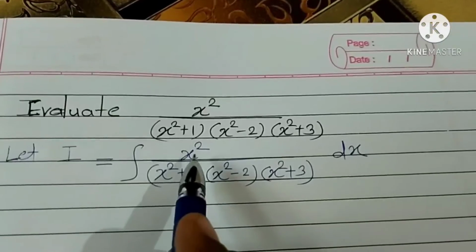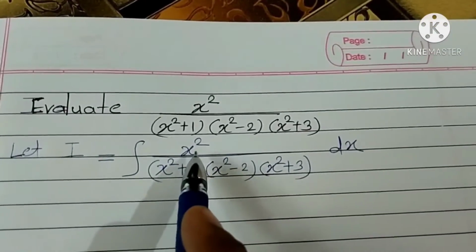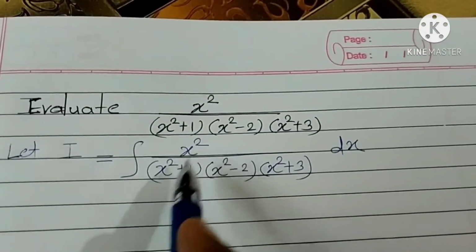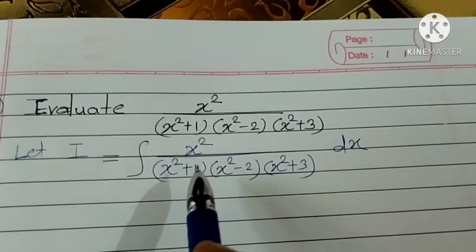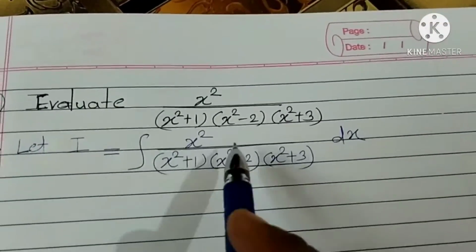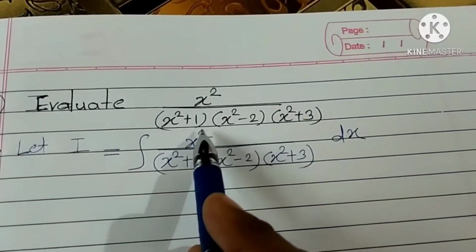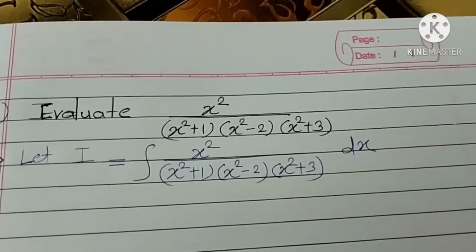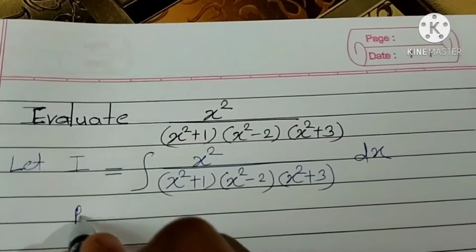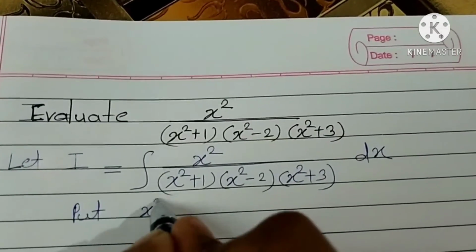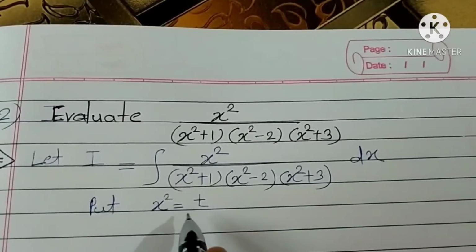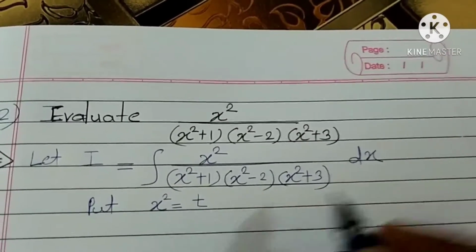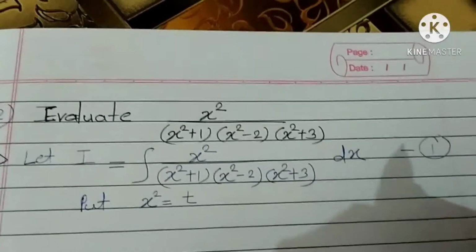Okay, so it is in power of x, means it is x square plus 1, x square minus 2, but we want to find linear factors. That's why we take another function instead of this x square. So here put x square is equal to t, but don't differentiate it, only put x square is equal to t and give it equation first.